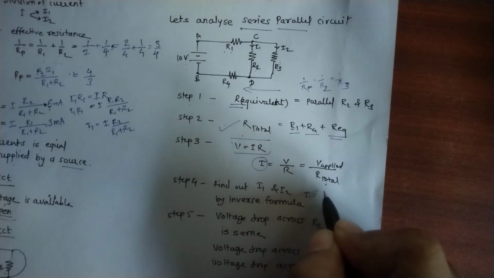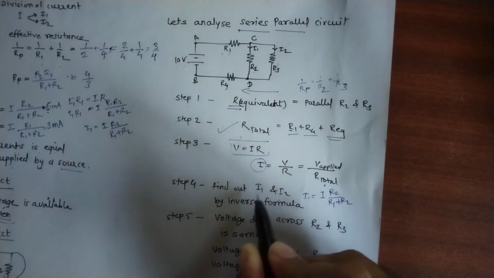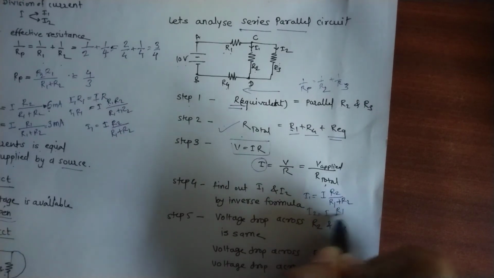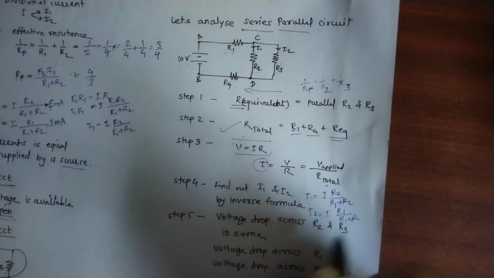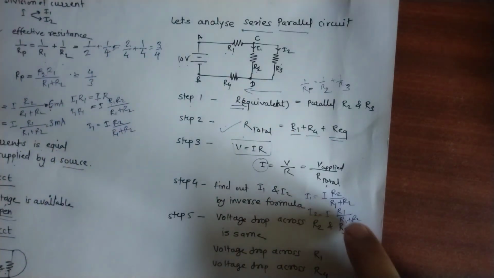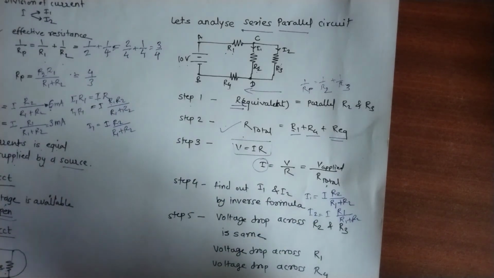I1 is equal to I into R2 upon R1 plus R2. Similarly, I2 is equal to I into R1 divided by R1 plus R2. Right, we have all the values, so we can put the values in here and get I1 and I2.